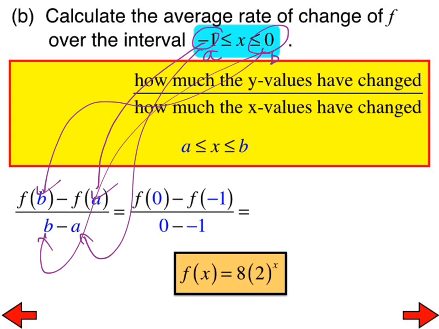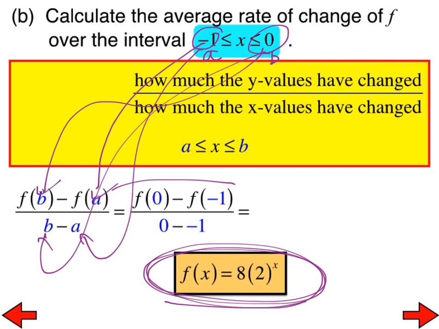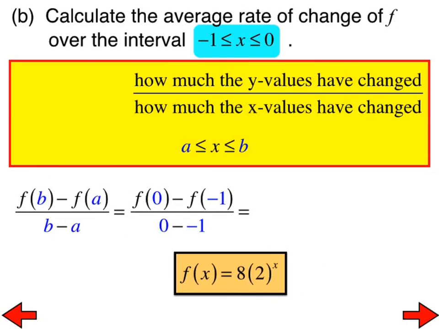Now we're utilizing the original function from part A to find these values right here. So f of 0, which you did in part A, and f of -1 you did in part A once again. What was f of 0? What's f of -1? 4.